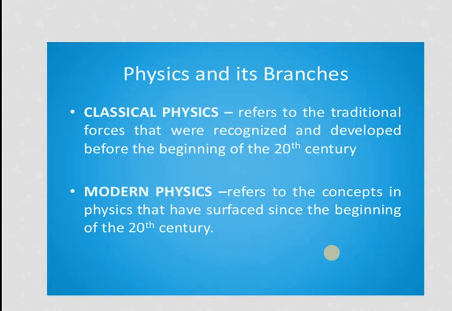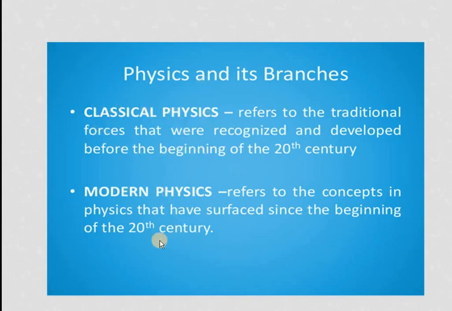Okay. Now, classical physics means all the experiments, all the discoveries, all the theoretical concepts that scientists were following up to the end of the 19th century. That is termed as classical physics.